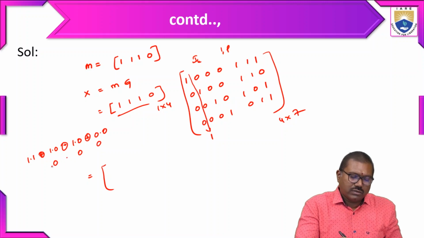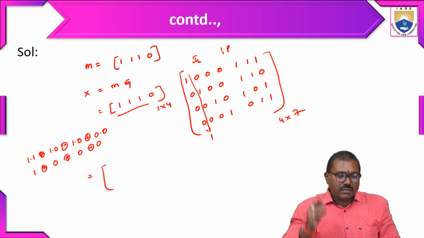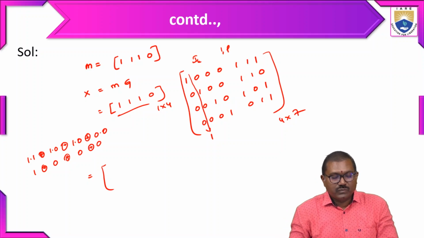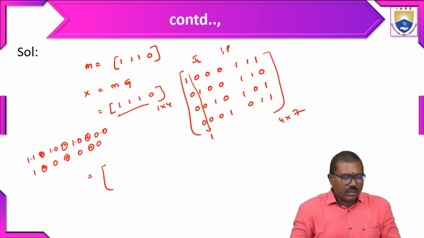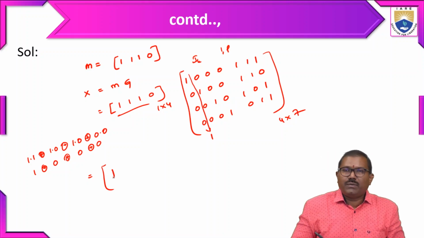And 1 into 0, 0. Then 1 into 1 will remain. So what do you get? 1 XOR 0, 1. 1 XOR 0, 1. 1 XOR 0, 1. So my first element is 1.